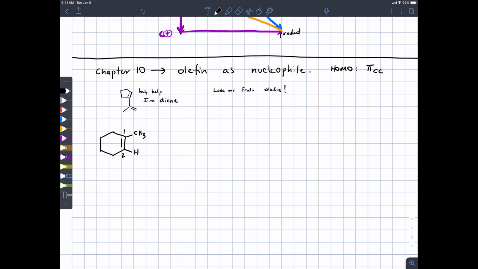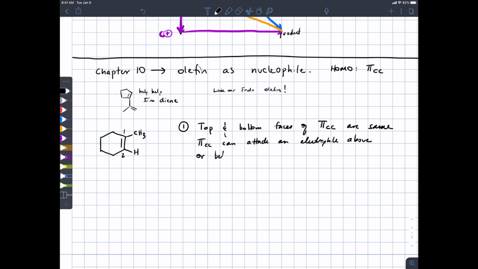When the pi bond acts as a nucleophile, issue number 1 is that the top and the bottom faces of the carbon-carbon pi orbital are the same, so the carbon-carbon pi orbital can attack an electrophile above the pi bond or below the pi bond.